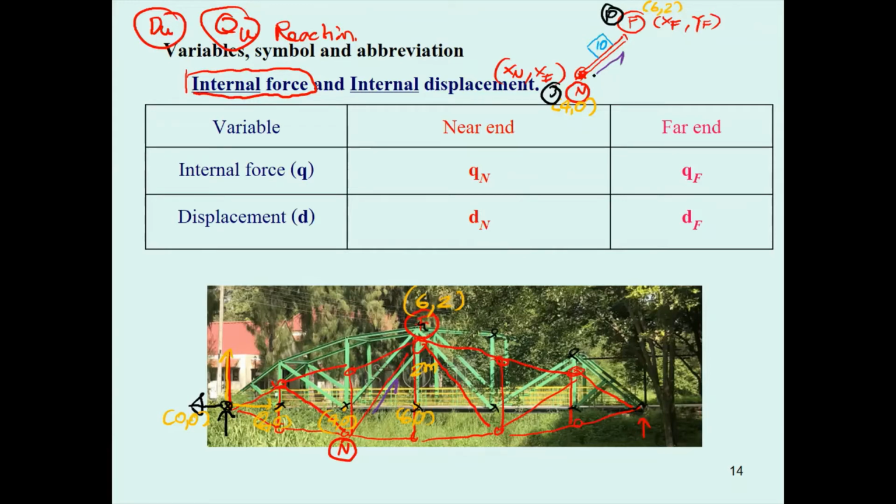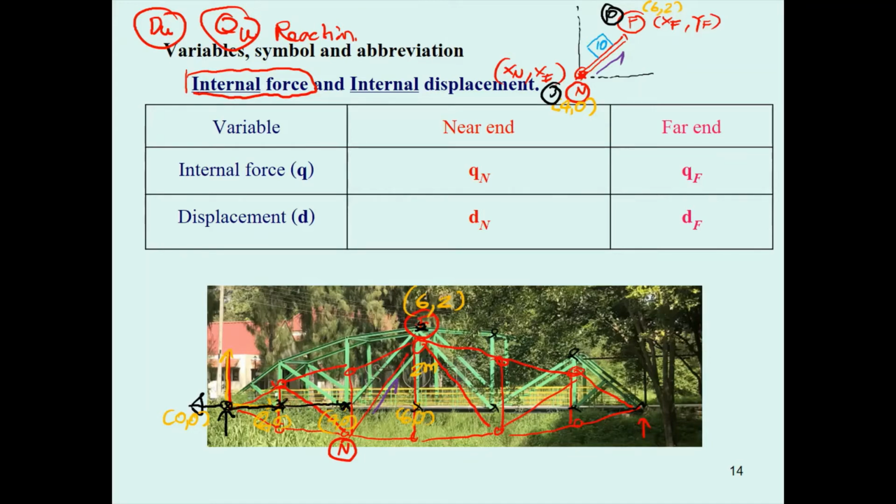Member number 10 has the coordinate 4,0 over here and 6,2 over here. If you want to follow me, stop the video clip and go check it again. I'm talking about this because the alignment of the members can be, for some, horizontal.